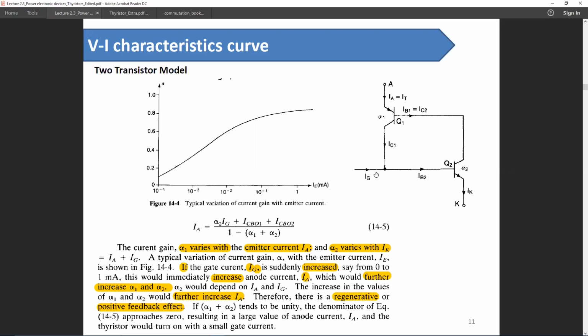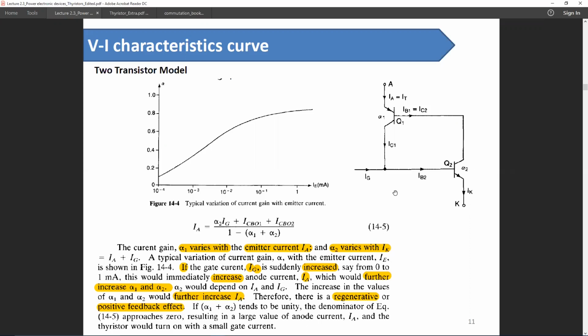But if we provide a negative gate current, I mean, if we can drain this IC1 by this branch, this IC1 won't be able to turn on or keep the on state of this Q2. So this is the basic of a GTO.